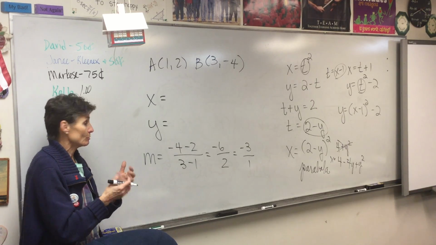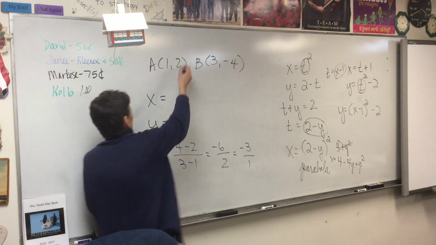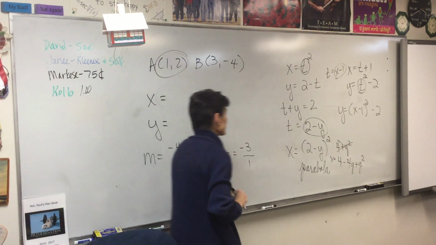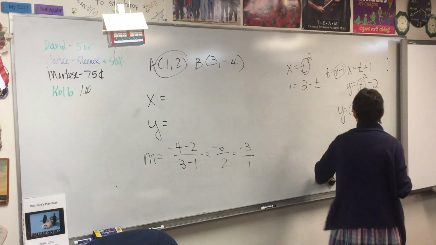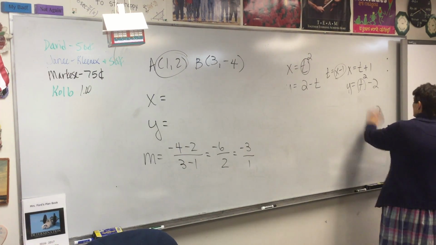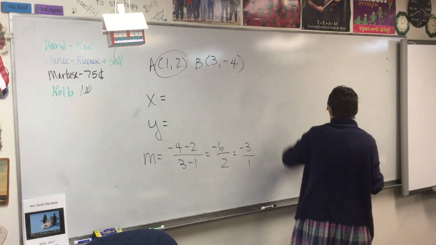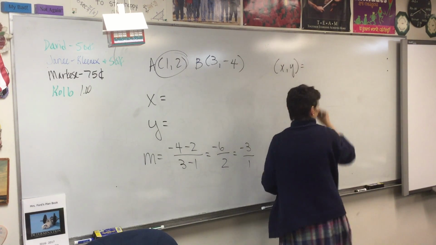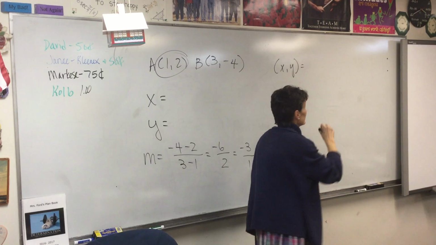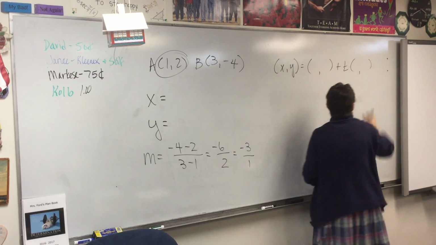So here's what I want you to do. You've already found the slope. I want you to pick a point. All right. Now here is what you do. So far, it's been exactly what you've always done. This is where it gets a little bit different. Your setup, you're finding x and y. Your setup is going to look like this.